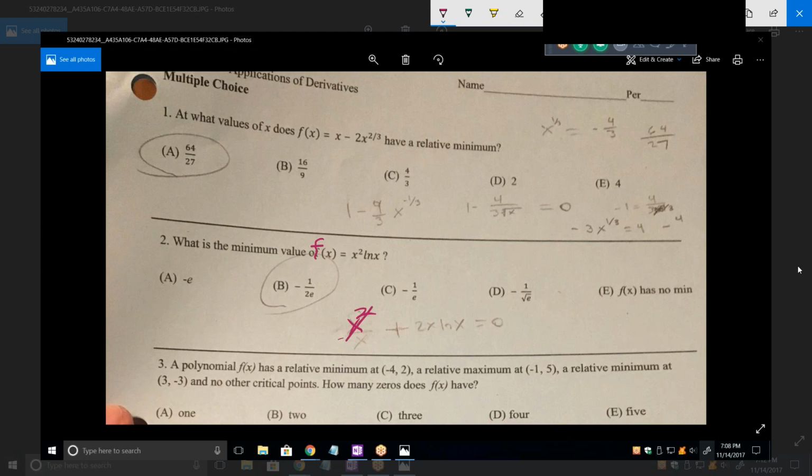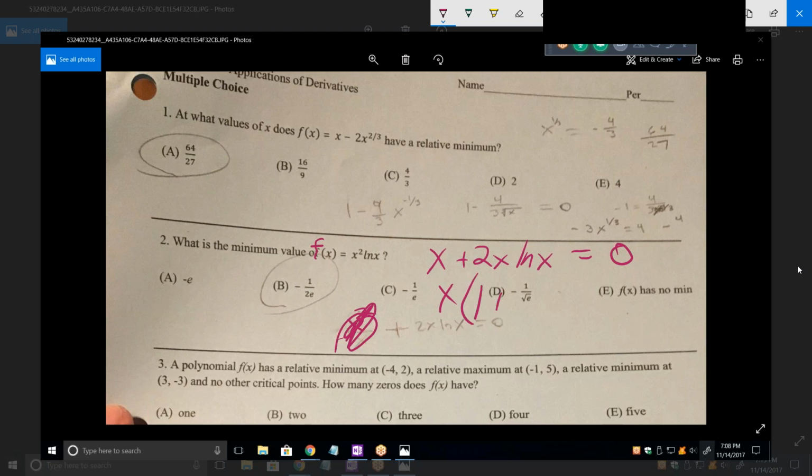Okay, well, first of all, x squared over x turns into just x. So we have x plus 2x natural log of x equals 0. So if I factor, in other words, when you have the sum of a couple of things equal to 0, if you can turn that into the product of two things equal to 0, then you're much better off.